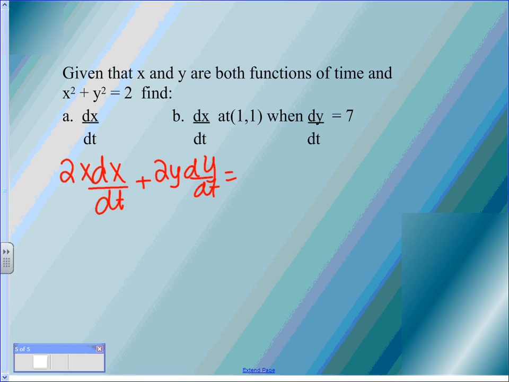And then 0, derivative of, or differential of a constant is 0. We're not taking the derivative with respect to any variable. There isn't a variable. So that's why you don't put dy or dx or dt on. Does that make sense? So what would dx over dt equal? Figure that out.